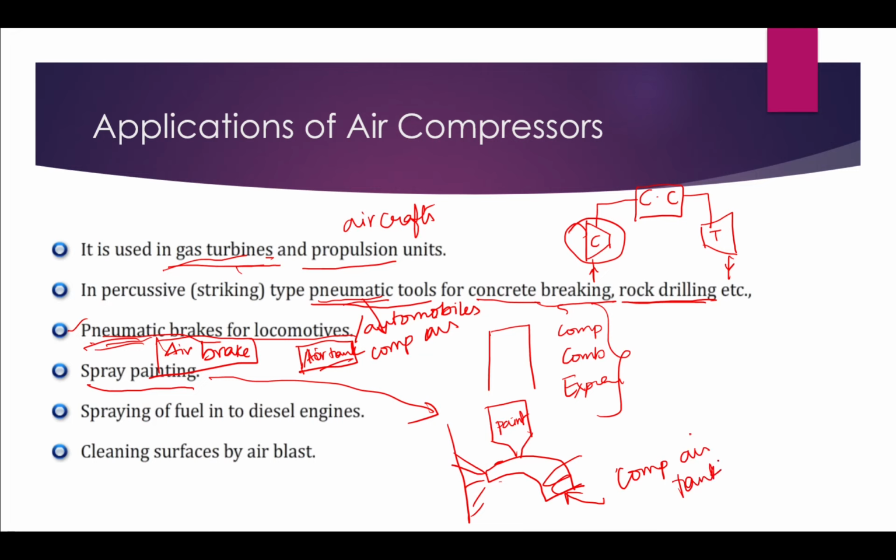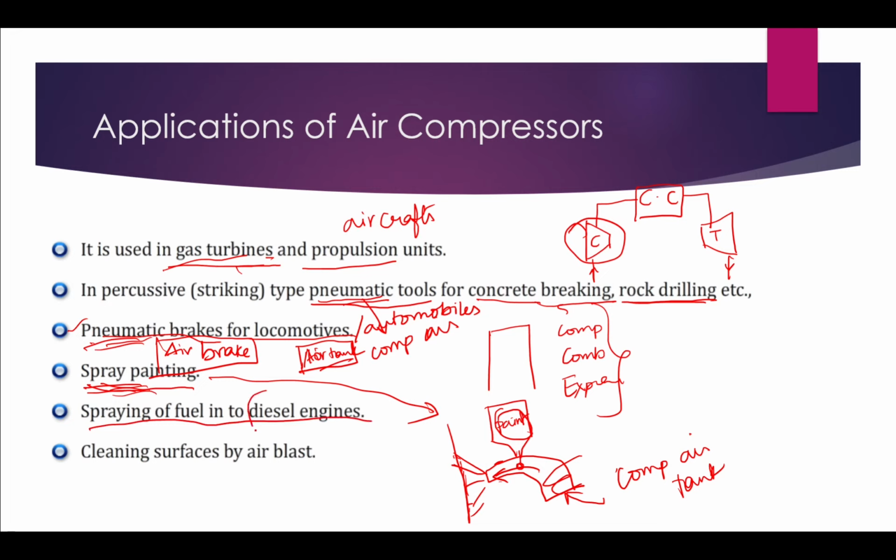With high pressure, the compressed air comes out of the gun. If a drop of paint comes from this paint bottle, this drop will be sprayed onto the wall as required. So this is one of the important applications of compressed air, spray painting.